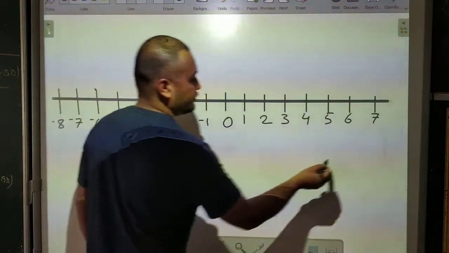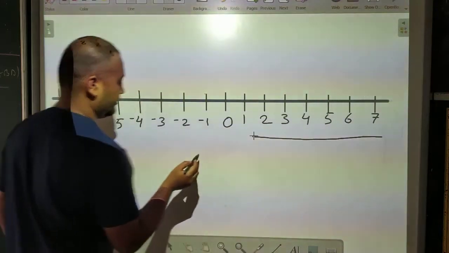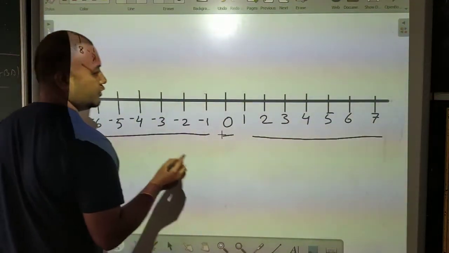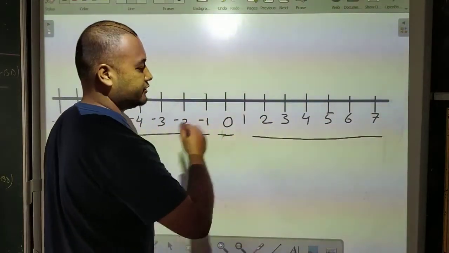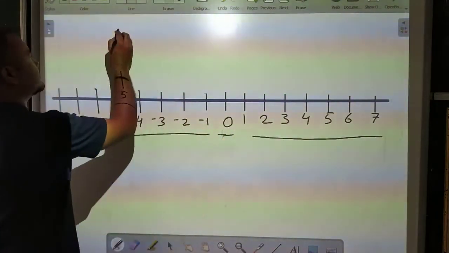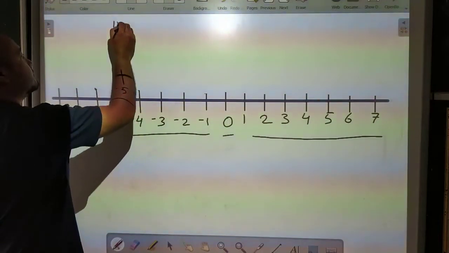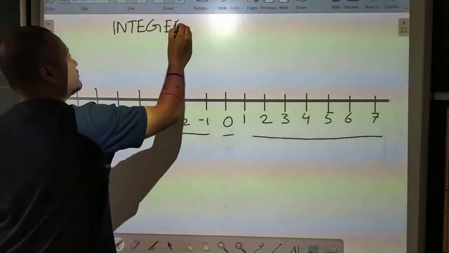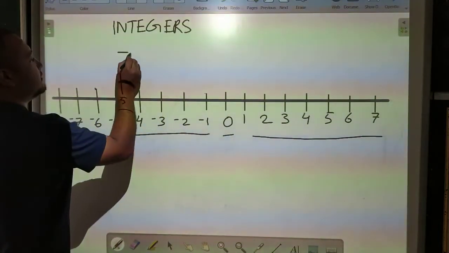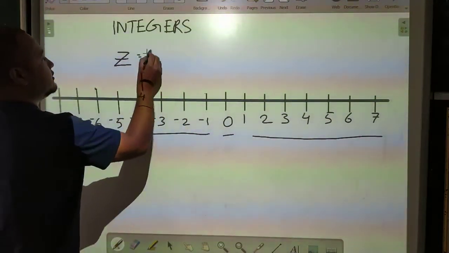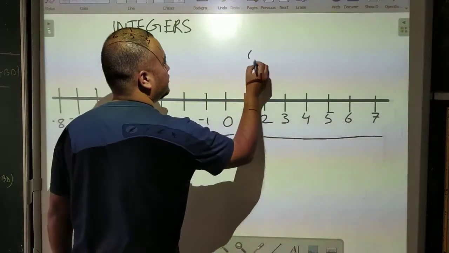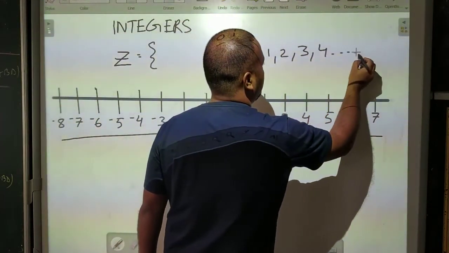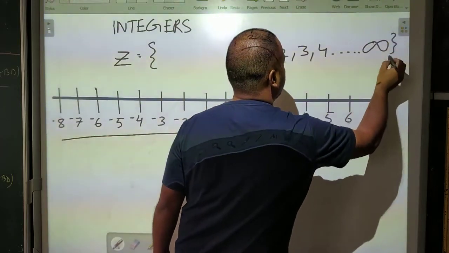So now we have used positive numbers, we have used negative numbers and we have also used 0. So all these three types of numbers, okay, they are known as your integers, denoted by Z. So we have 0, then we have your positive numbers which go on and on to infinity.